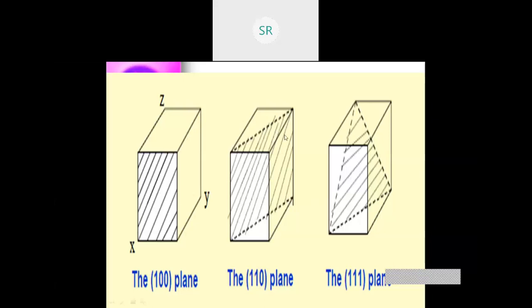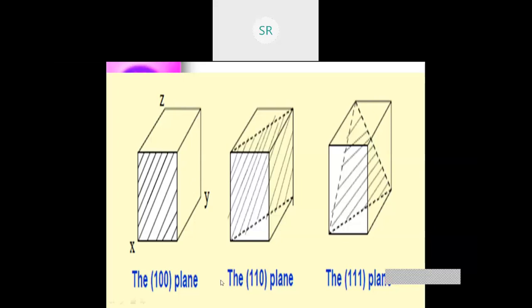This is something like a triangle now. The triangle, this is 111 plane. Similarly, if I take top, the top is 001 plane. Similarly, the right face, this is 010 plane.